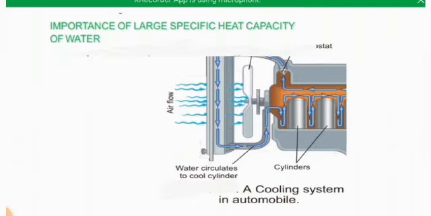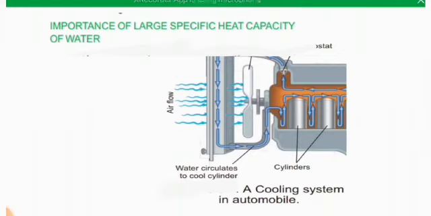The cooling system of automobiles uses water to carry away unwanted thermal energy. In an automobile, a large amount of heat is produced by its engine, due to which its temperature goes on increasing. The engine would cease unless it is cooled down.